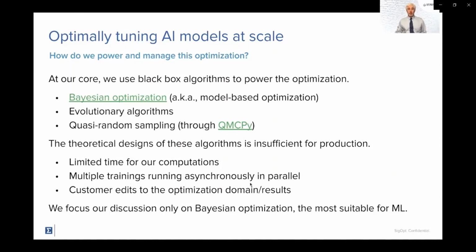Many of our customers expect this, but most evolutionary algorithms do not run asynchronously, and rather they prefer the batch setting. And in fact, many of our customers enjoy being able to edit the optimization domain or even update results if they found mistakes in their code. And most of the standard algorithms of interest in the literature do not support this behavior.